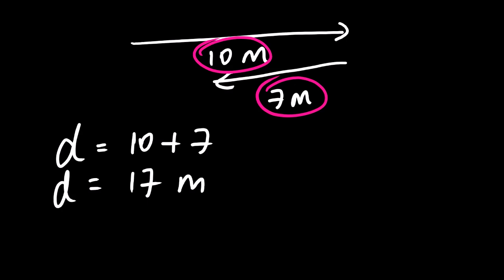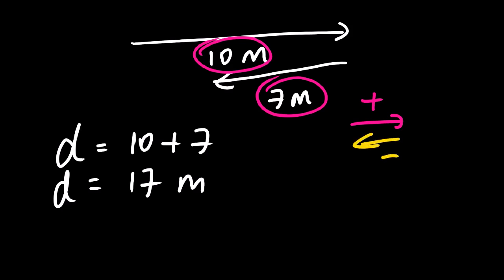Now looking at displacement, we need to consider direction. Suppose we say positive is the right direction. We consider right direction as positive, and we consider left direction as negative.